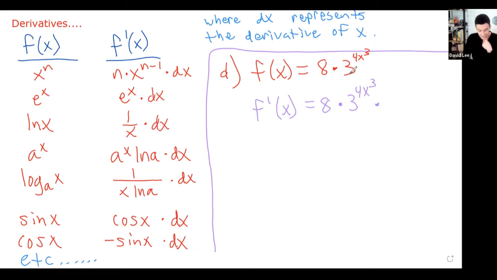Here, playing the role of a is 3, so this would be ln of 3 times dx, where dx is the derivative of whatever this object is, where the cursor is pointing. What was playing the role of x here? 4x cubed. So what's the derivative of 4x cubed? 12x squared. So right here, we'd go 12x squared. And that would be it. That's our derivative.